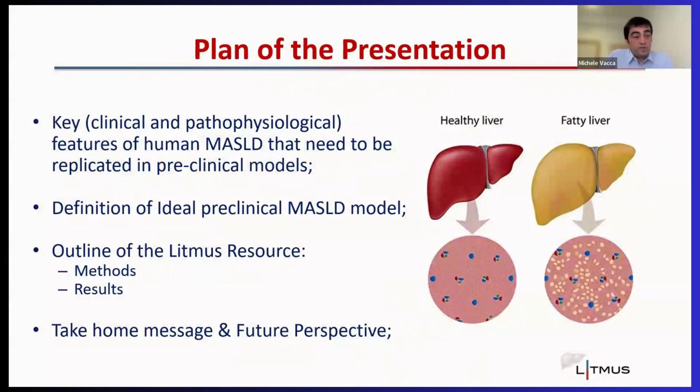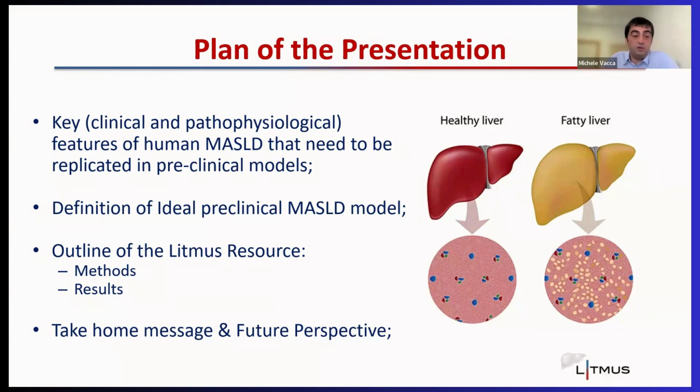So the plan of the presentation is that I will present some key clinical and pathophysiological features of human MASLD that need to be replicated in preclinical models. We will therefore define together, in light of this information, the definition of an ideal preclinical MASLD model that we would like to see featured.